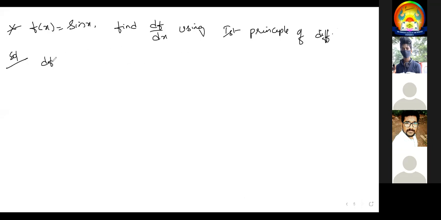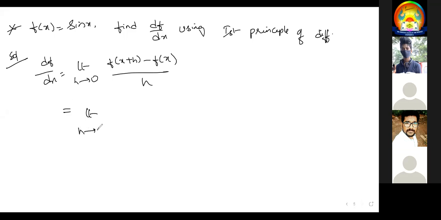First write df by dx is equal to limit h tends to 0 of f of x plus h minus f of x by h. This is the formula we know. That is equal to limit h tends to 0 of sin x plus h minus sin x by h.